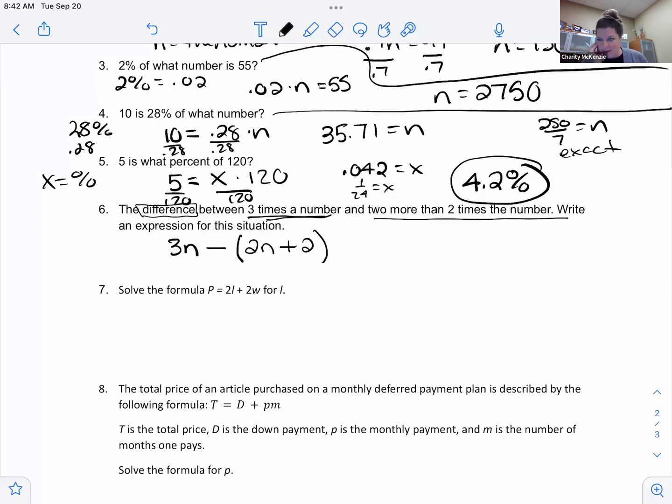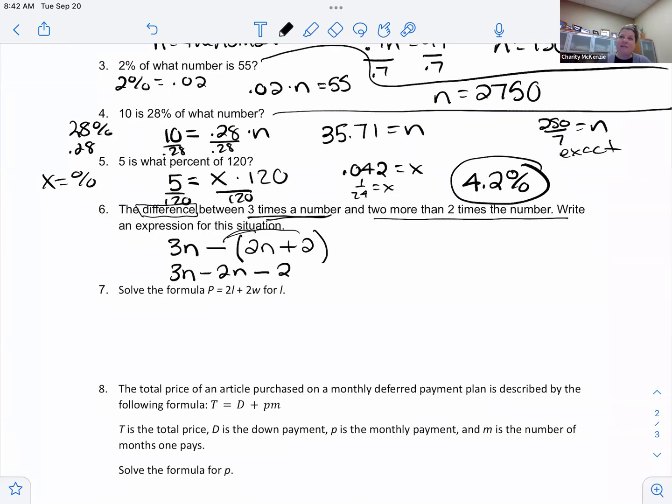Okay, remembering that parenthesis will be the hardest part because if I don't use the parenthesis, I'm subtracting that whole thing off. I will not distribute this negative correctly, and you'll get the problem wrong. Okay, we can't solve this, but we could simplify it a little by distributing that negative. So then we would have 3n minus 2n minus 2, distribute that negative to the 2n and the 2.